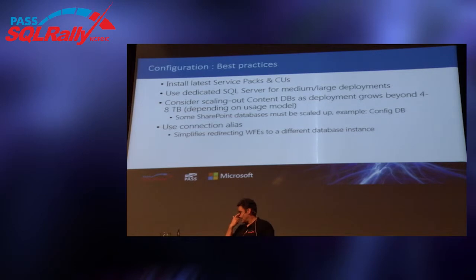When you configure SharePoint, it's a good idea to always install the latest service pack and cumulative updates, which sometimes can be doubtful if it doesn't solve any of the problems you have, but mainly it's a good idea. If you're doing anything else than a small farm, it's good to use a dedicated SQL server.